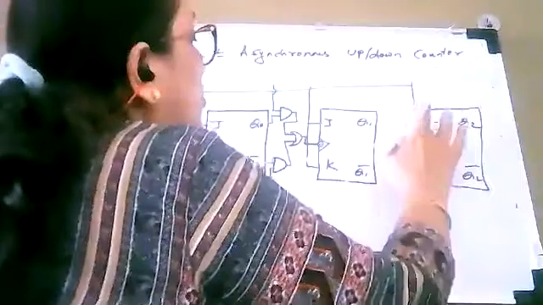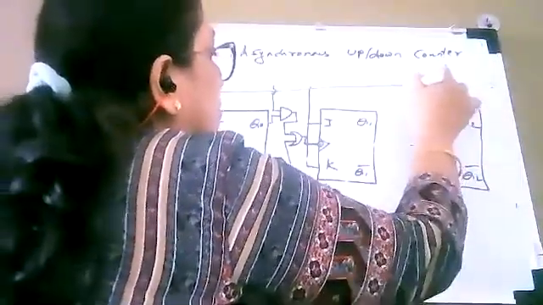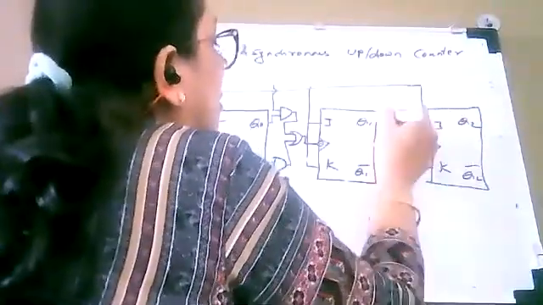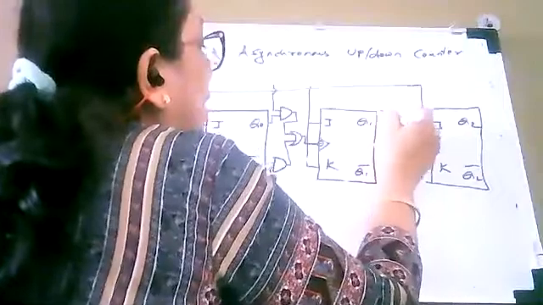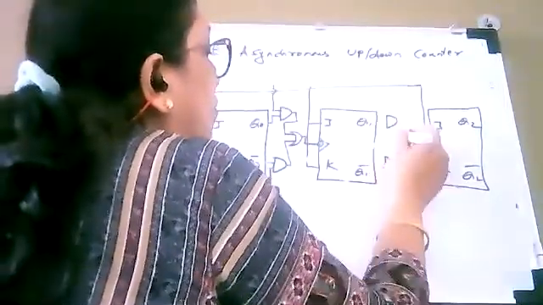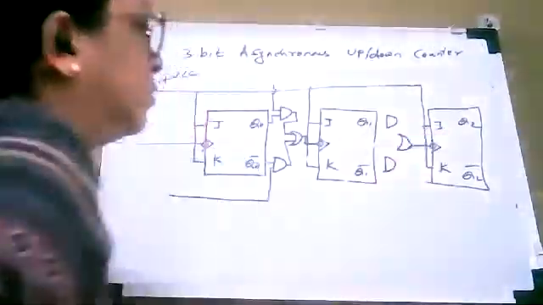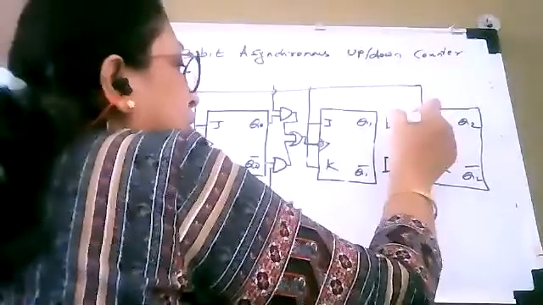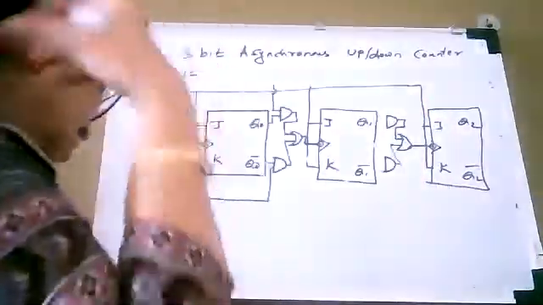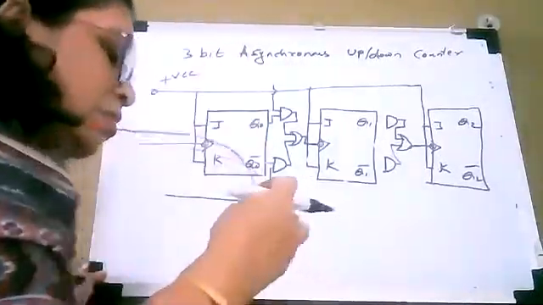Similarly here we have to draw 2 AND gates and 1 OR gate. Even you can draw this configuration with NAND. This will be easy to understand, therefore I am showing this to you.